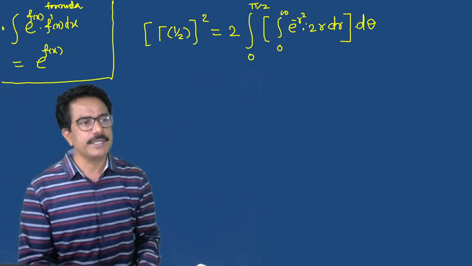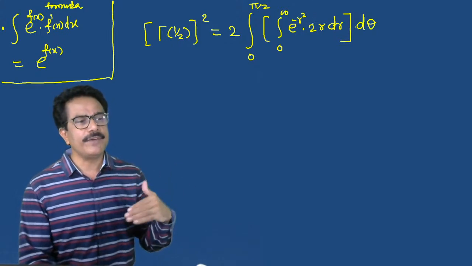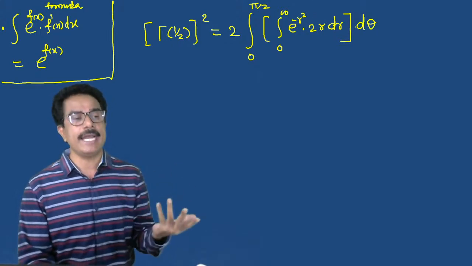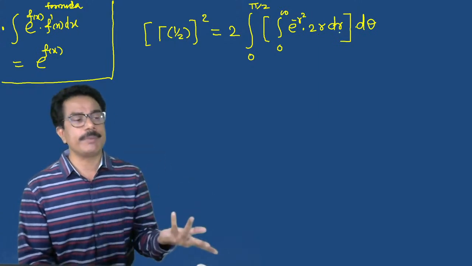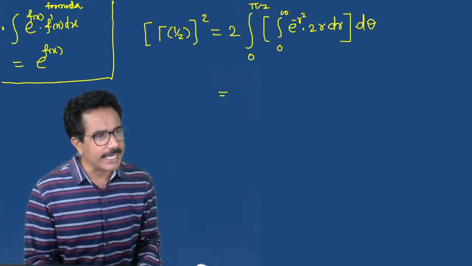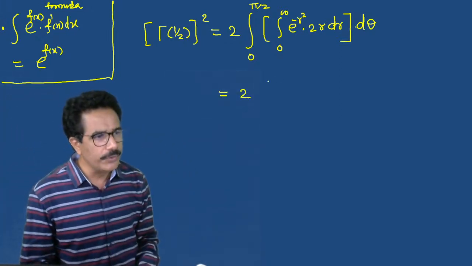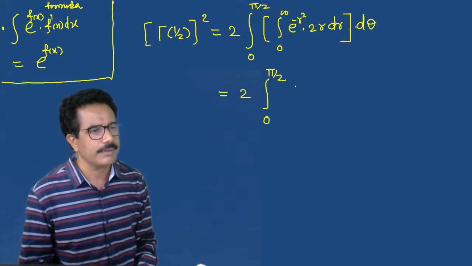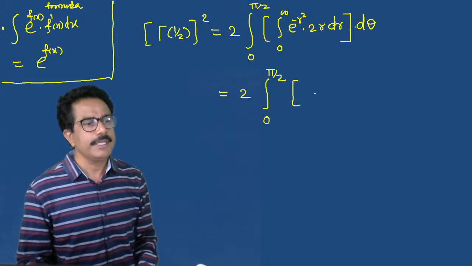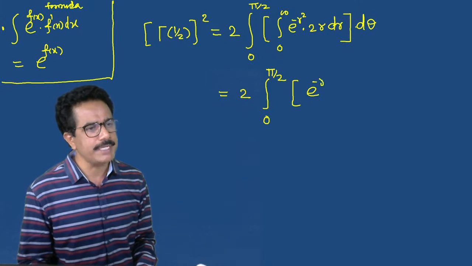So see this, here in this case there is r square, the derivative of r square is 2r with respect to dr. So we can write this integral according to this definition, 2 times the integral from 0 to pi by 2, e raised to minus r square.